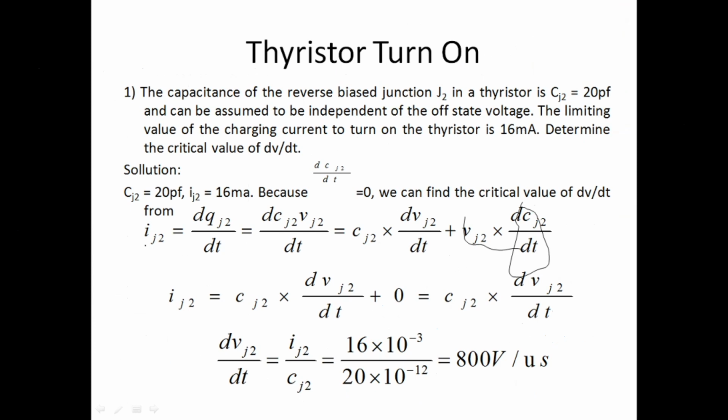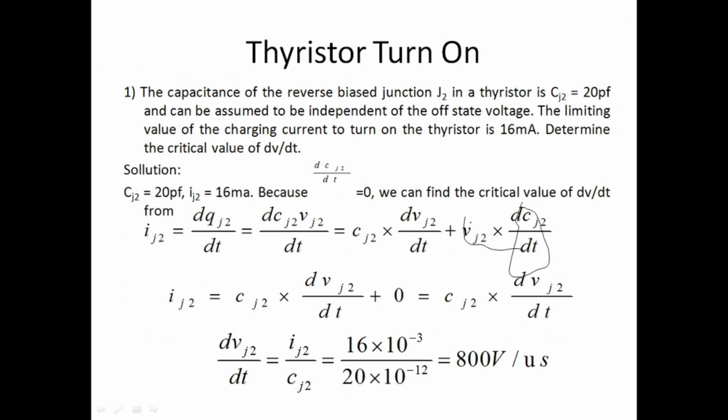We know the charging current formula is Ij2 = dQj2/dt, where Q = CV, so d/dt of Cj2 Vj2, which is Cj2 dVj2/dt plus Vj2 dCj2/dt. Cj2 is given already, 20 picofarad. dVj2/dt we need to find out, and Ij2 is also given.